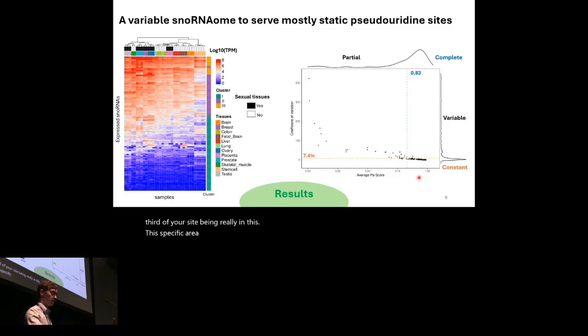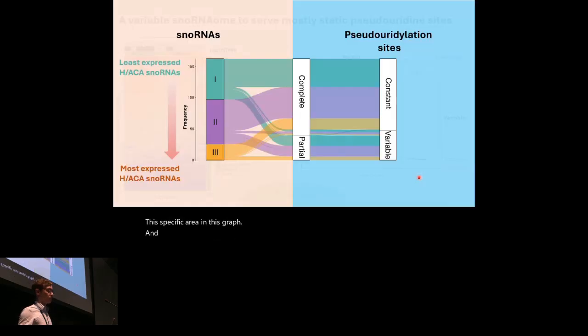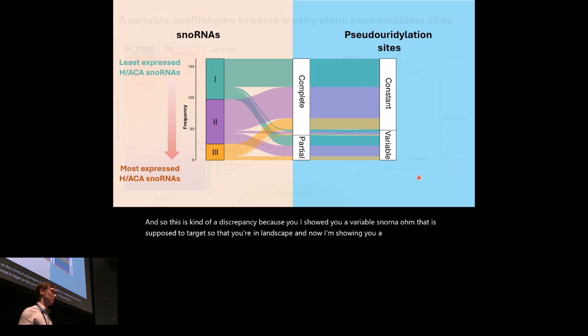in this graph. And so this is a discrepancy, because I showed you a variable snoRNA expression that is supposed to target the pseudouridine landscape, and now I'm showing you a static pseudouridine landscape. And actually, it is a bit worse than that, because if you connect the snoRNAs that are supposedly guiding the modification, and you look at them, here is what you get.